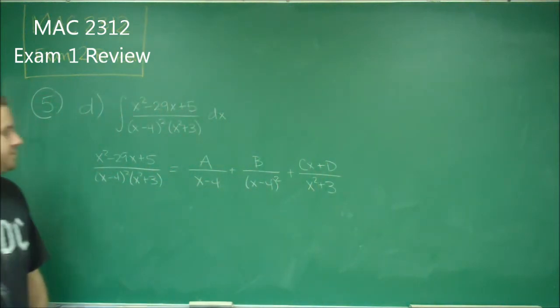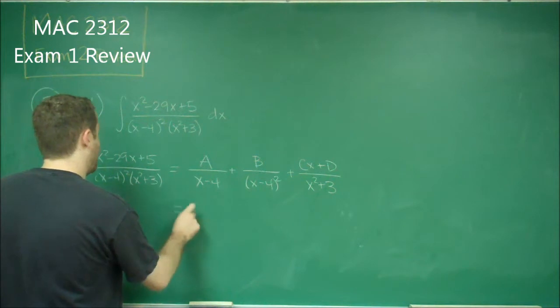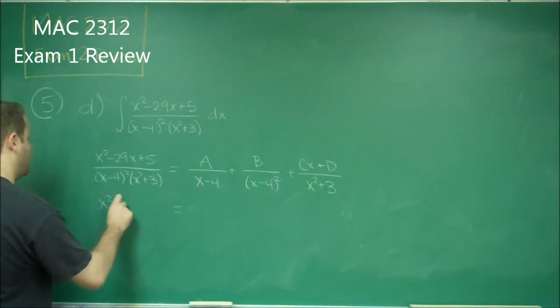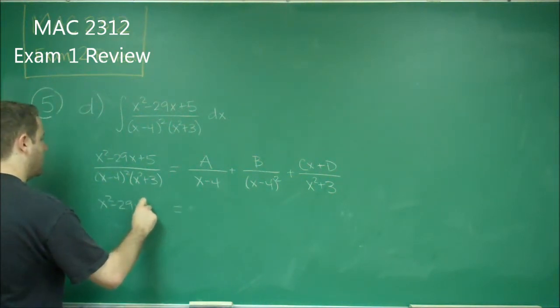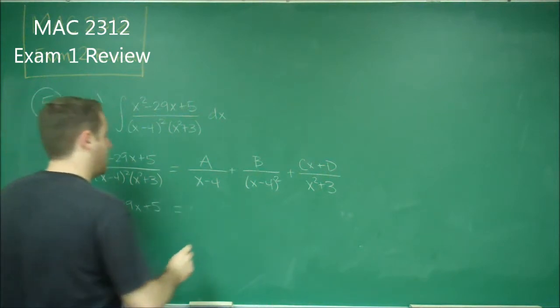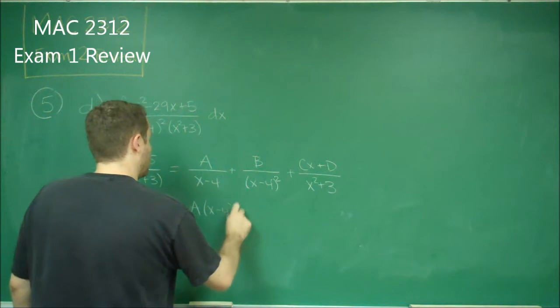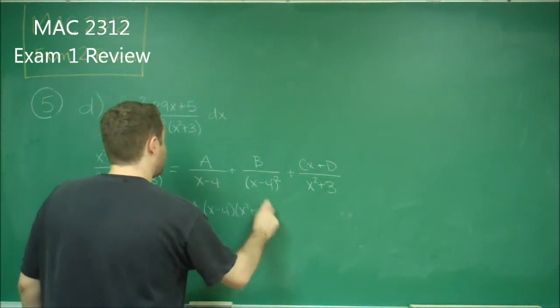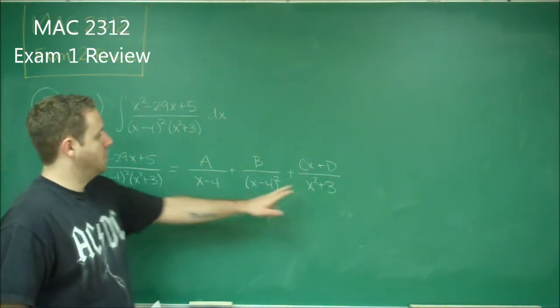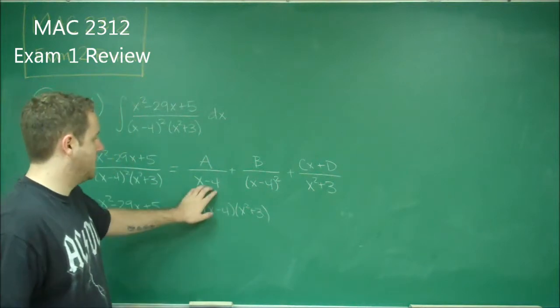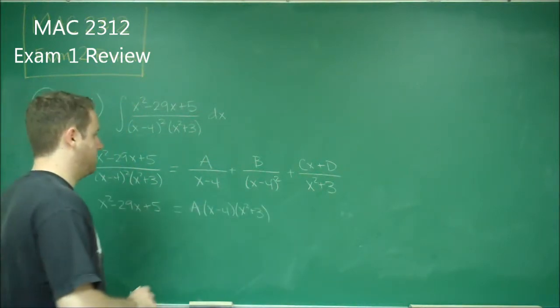top of that one. So when you multiply it all out, we get that our numerator over here has to be A times x minus 4 times x squared plus 3. The A needs both things, an extra x minus 4 and the x squared plus 3.